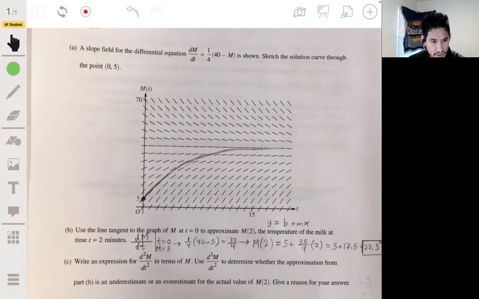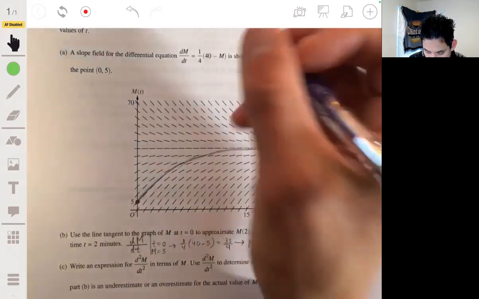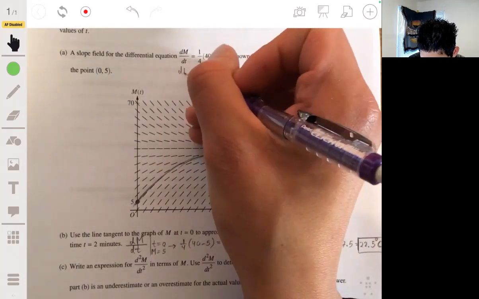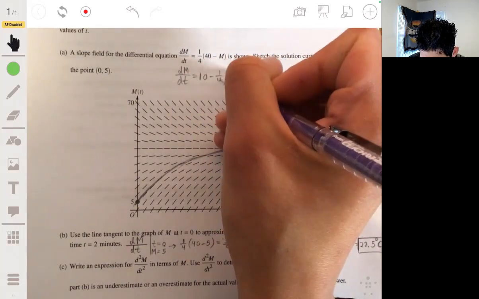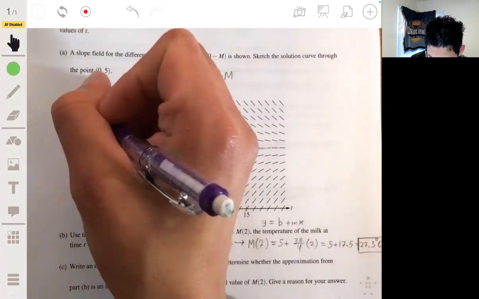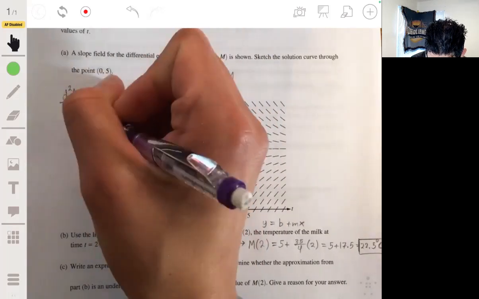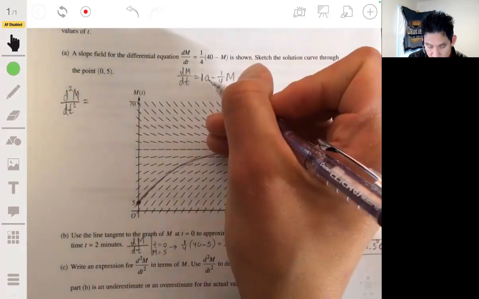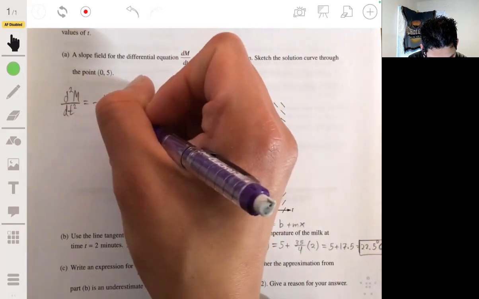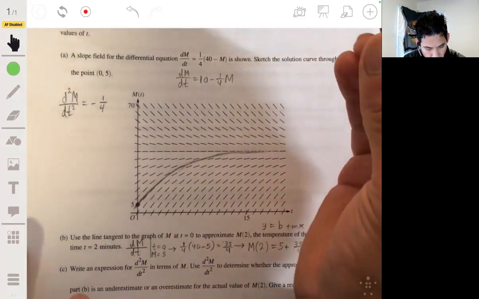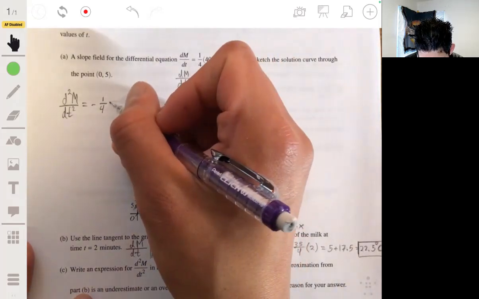Now you always do part D on a different page. So the second derivative is differentiating this, and just making this a little easier to work with, this is the same as 10 minus 1/4 M. So the second derivative of M with respect to t, this constant just goes away, and then we just have negative 1/4 times dM/dt.